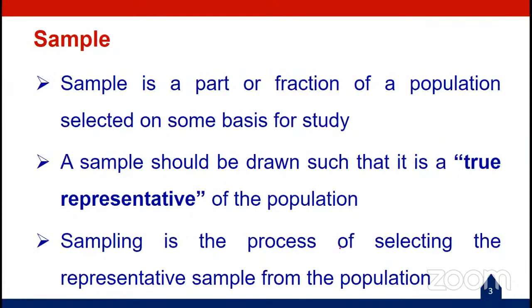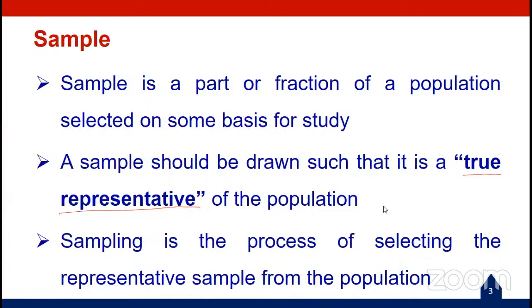Sample. A sample is a part or fraction of a population which is selected for our study using appropriate methods. A sample should be a true representative. True representative means the characteristics of the sample should be similar to those of the population. A sample should always be a true representative.